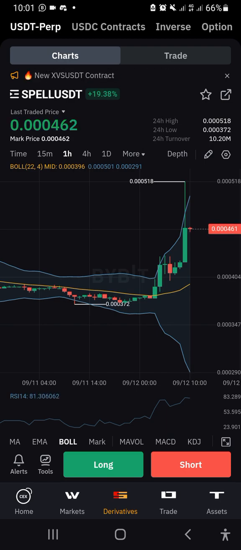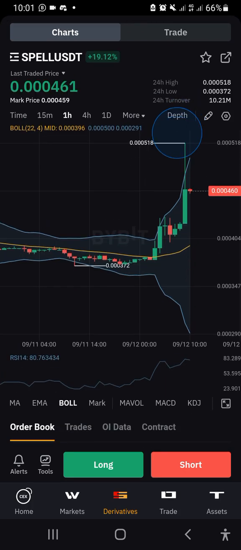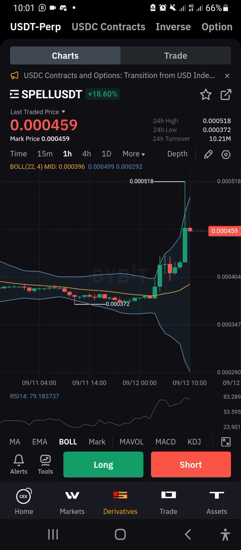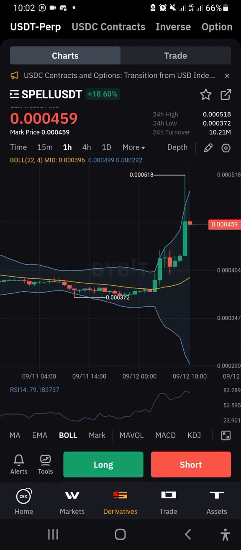That is what we are trading, and we are making profit. You need to pay attention to this section. There are two places to pay attention, here and here: the RSI and then the 24-hour high and low. You need to take note of these two.